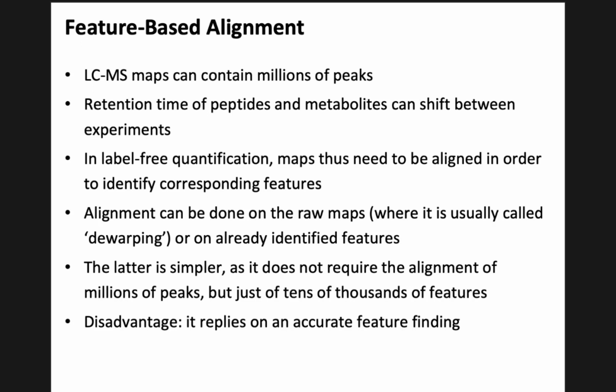You can do that on the raw maps, but that means processing very large amounts of data, and it's very hard to sort of connect the dots on these maps. It's much easier to do that on the feature level when you have turned all these peaks into kind of landmarks. You know where these things are, and that makes the alignment problem a lot easier and also a lot faster.